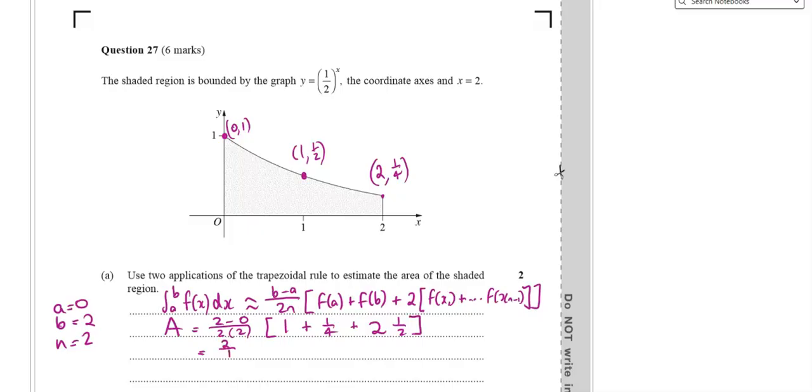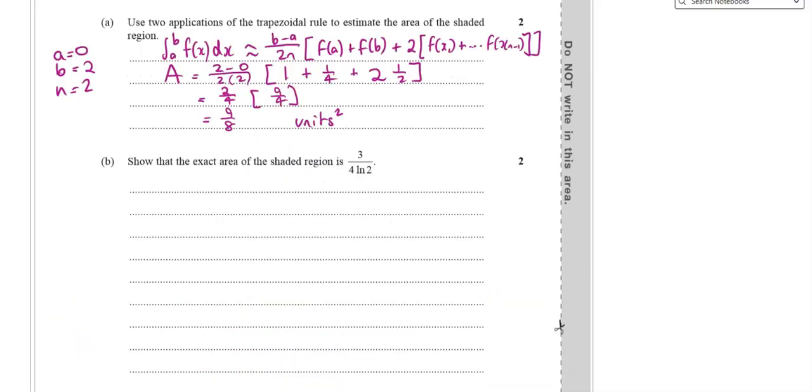So I've got 2 quarters of 1 plus a quarter plus 1, so this is 9 over 4. A half of 9 over 4 equals 9 over 8 square units.